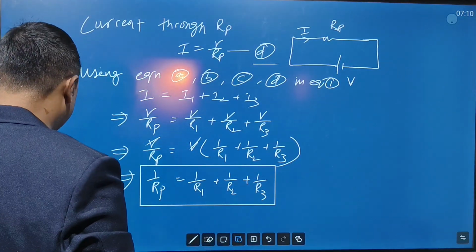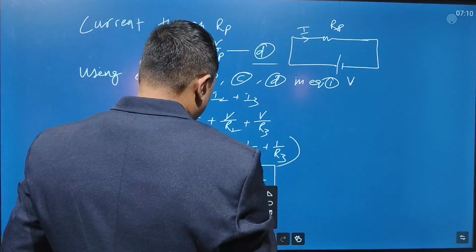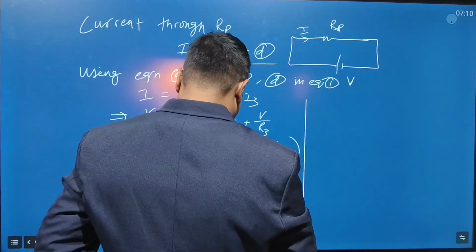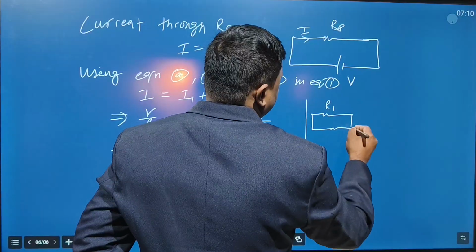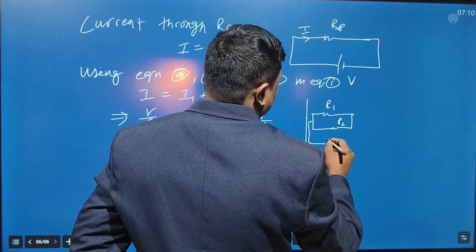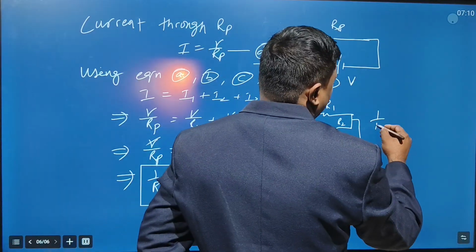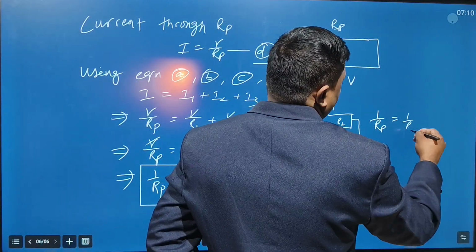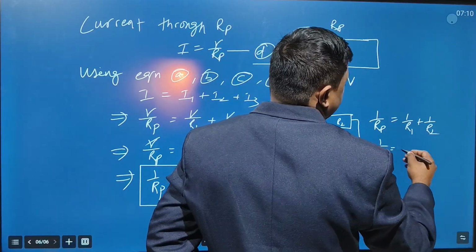Yes or no? If you consider two resistors in parallel, R1 and R2, we can directly apply the formula: 1 by RP is equal to 1 by R1 plus 1 by R2. Taking the LCM, R1 R2, the LCM divided by R1 gives R2, plus the LCM divided by R2 gives R1. So 1 by RP is equal to (R1 plus R2) by R1 R2.